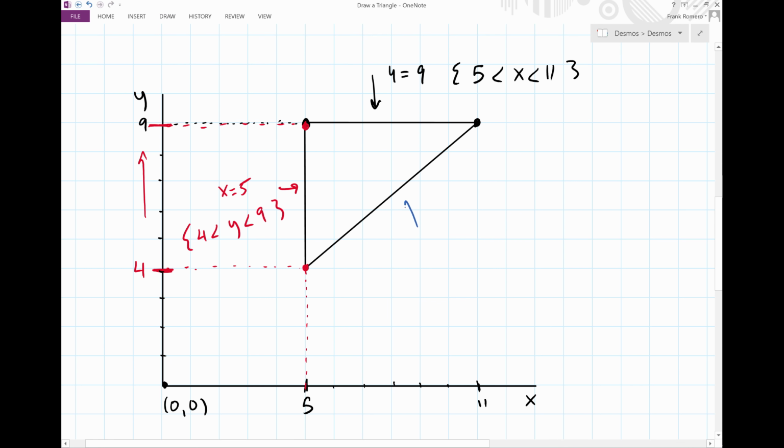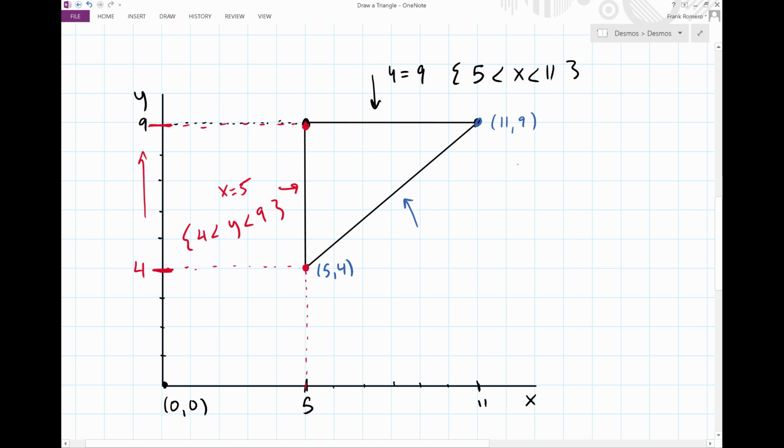Now let's focus on this line here. Okay, this point here seems to be 5, 4. This point over here seems to be 11, 9.